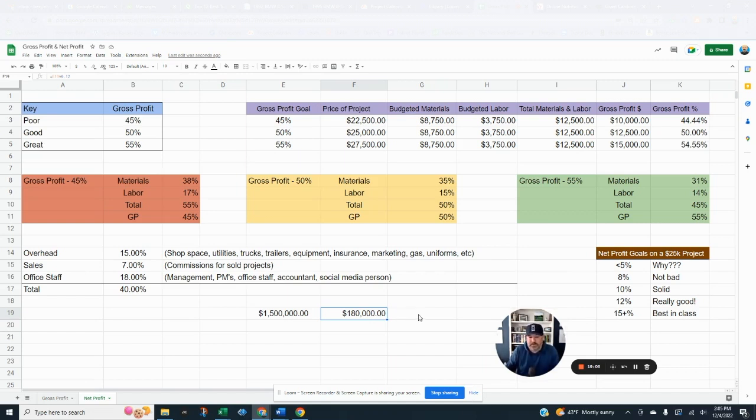Depends on the size of your company, how much you want to leave in there, right? But we can dive into that when we get into some of the cash flows of how to run a business. But if it was me, I would keep 100,000 of that. So you're taking 80. So maybe you're making 100. You're throwing 80 in your pocket at the end of the year as a bonus, and you're like, man, I'm walking away with 180 every year, and I got a 1.5 million dollar business, and it's run solidly.